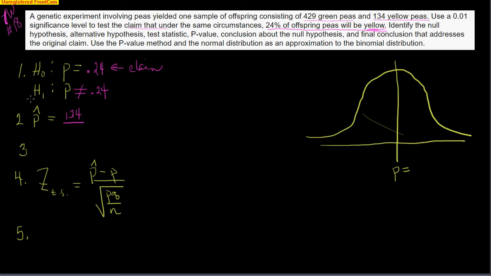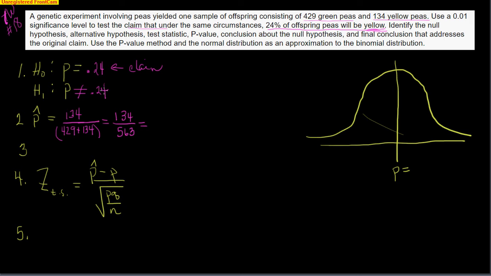This time, though, they're not giving us the entire number of peas, but they are telling us that of those peas, 429 were green and the other 134 were yellow. So the total number of peas is actually this sum. So it's going to equal 134 yellow peas out of a total of 563 peas total.